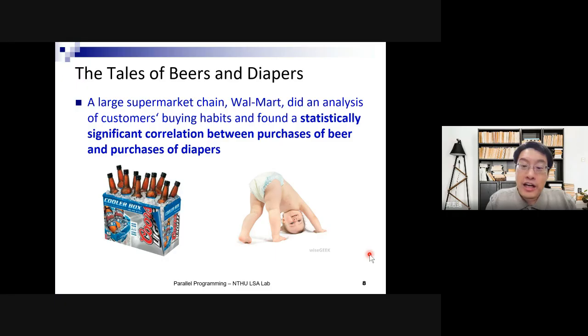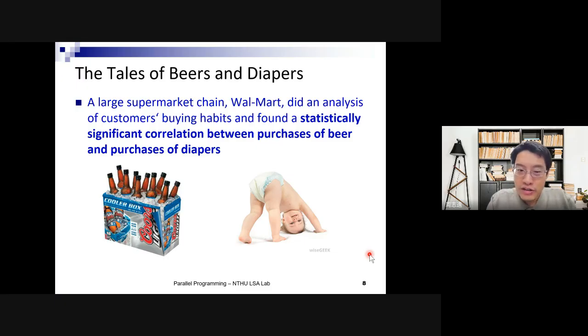On the other hand, if you look at the dark side, it's probably because in the past, the father could hang out with his friends during the weekend and go out to have fun, but now you have the children to take care of. So the father has to stay at home, right? And all he can do is probably sit on the couch, watch TV and drink beers.